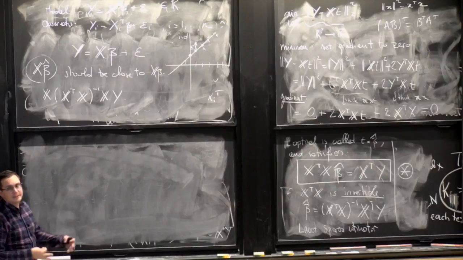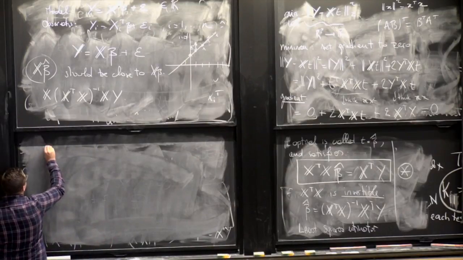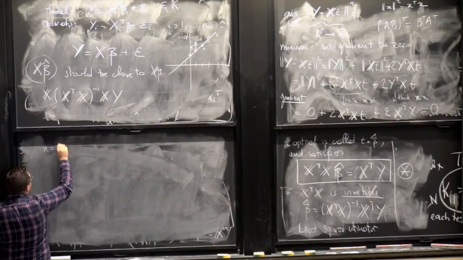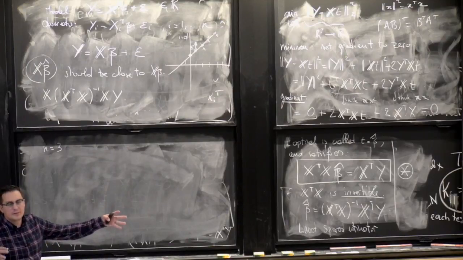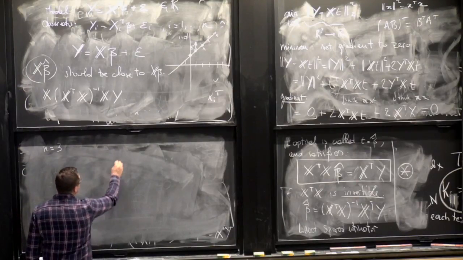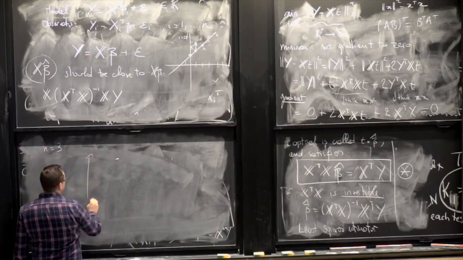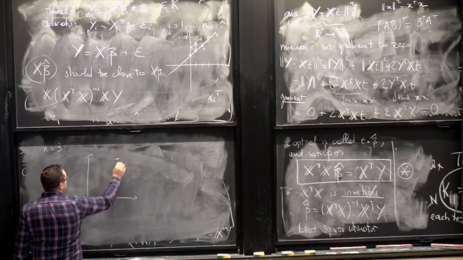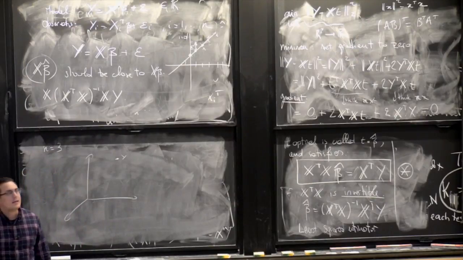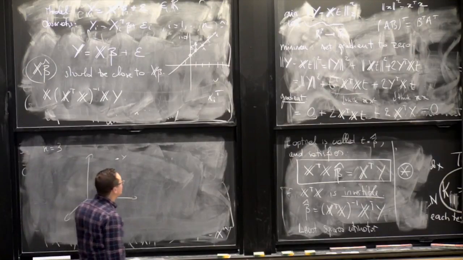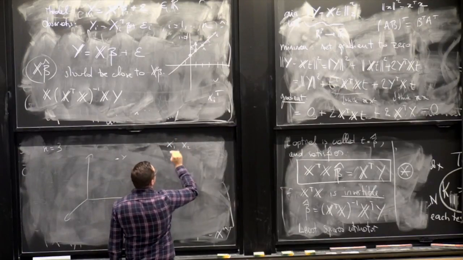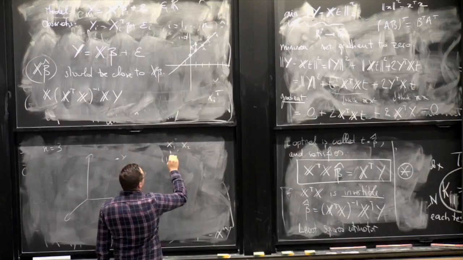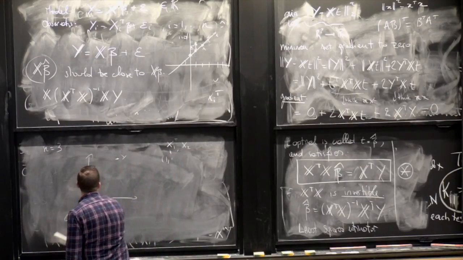So let's assume, for the sake of illustration, that n is equal to 3. That means that y lives in a three-dimensional space. And so let's say y is here. Sorry, that's not what I want to do.